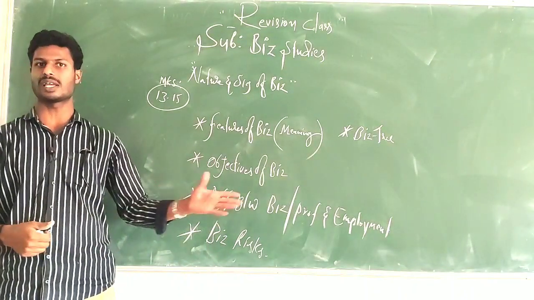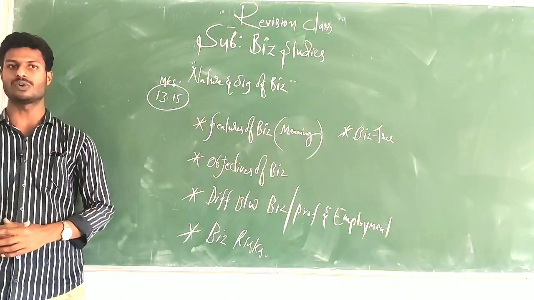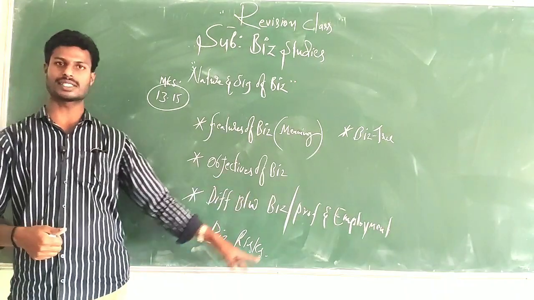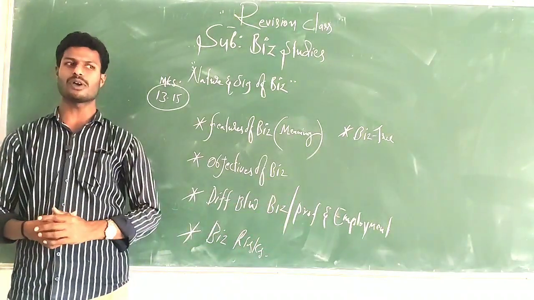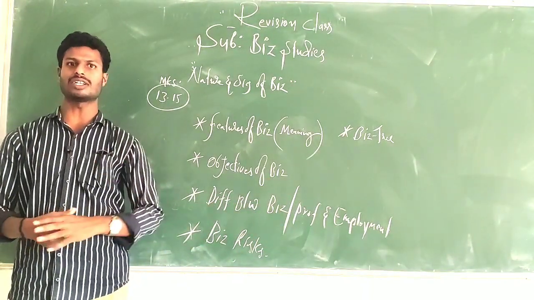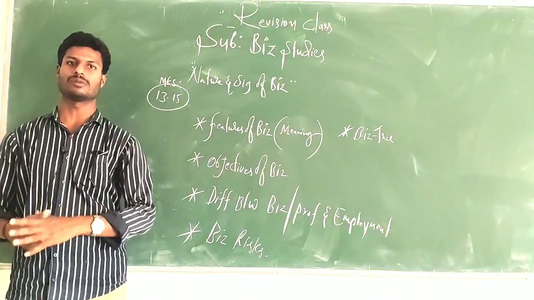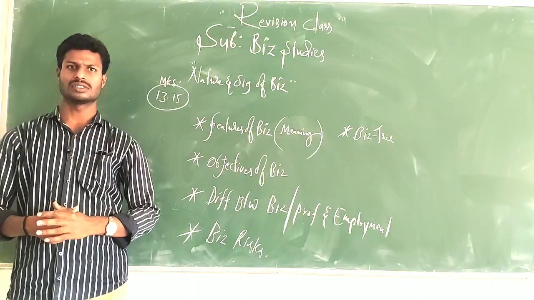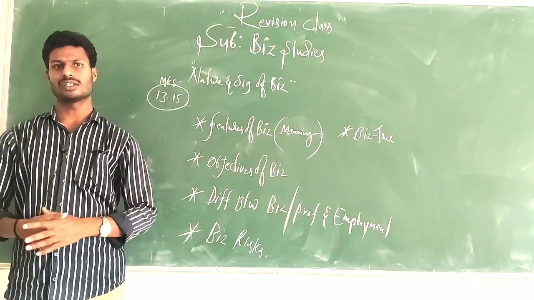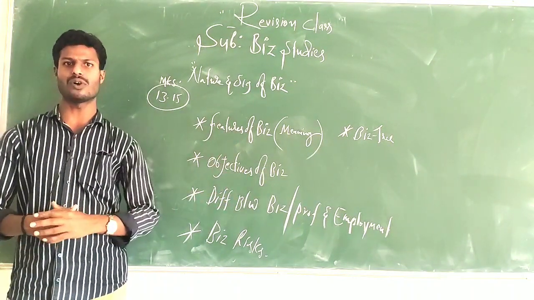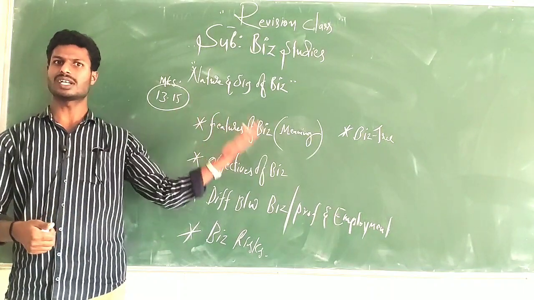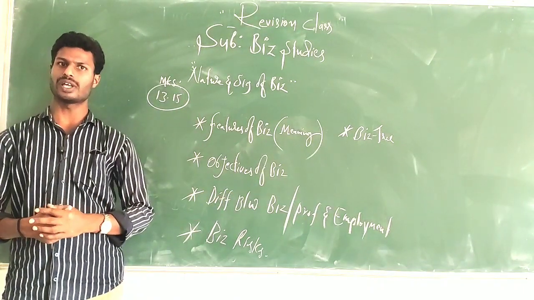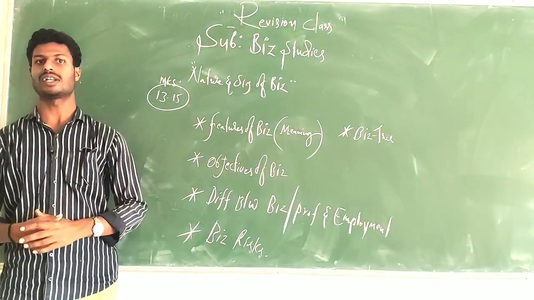Examples: lawyers, doctors, chartered accountants, lecturers. Then employment is the written agreement between the employer and employee, or job giver and the employee, in which the employee works under the instructions of the employer.